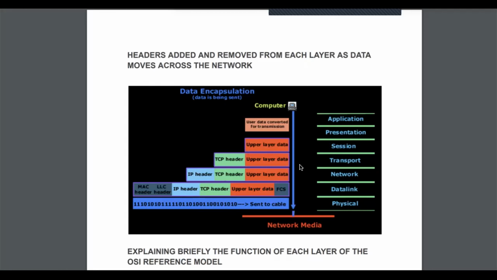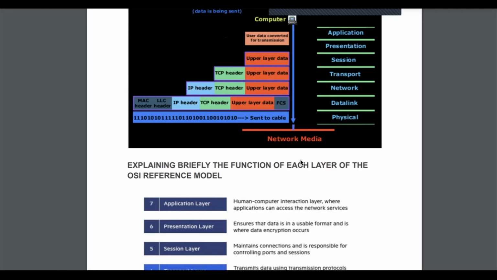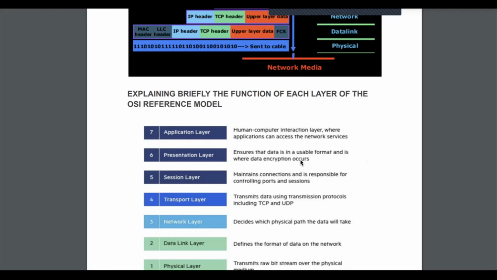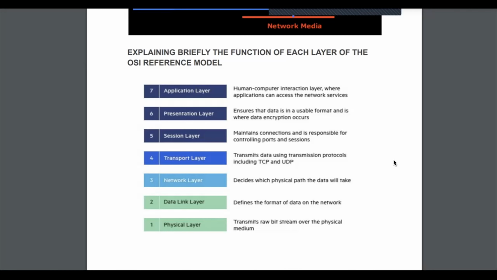I hope that is clear. I won't dwell too much on that because another video I'm going to create also has much more explanation for you to understand. So I have not explained what each of these layers does. So let's start with that.